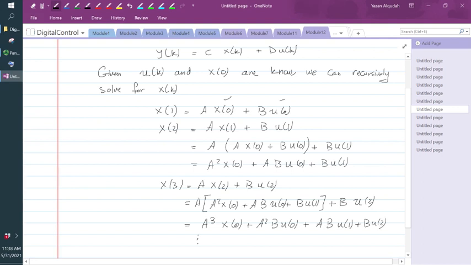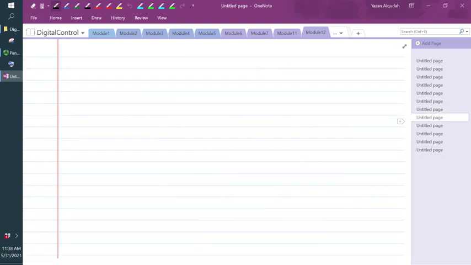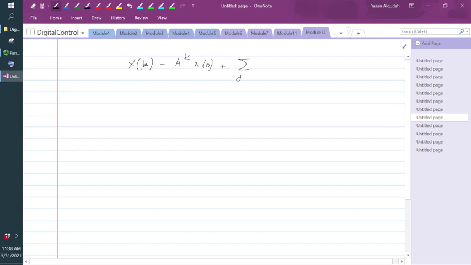If I continue this calculation, I'm going to get x of k equal to a to the power of k x of 0 plus the summation from j equals 0 to k minus 1 of a to the power of k minus 1 minus j, multiplied by b multiplied by u of j.